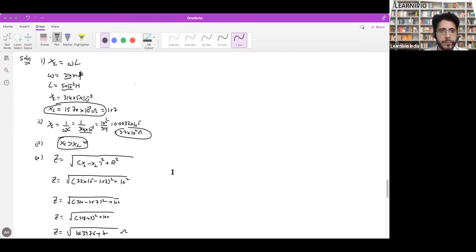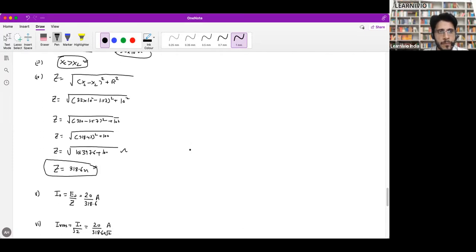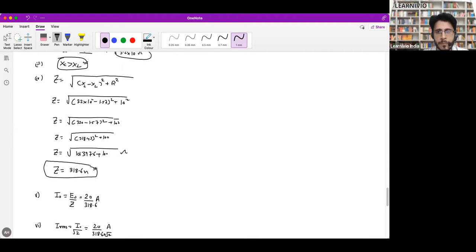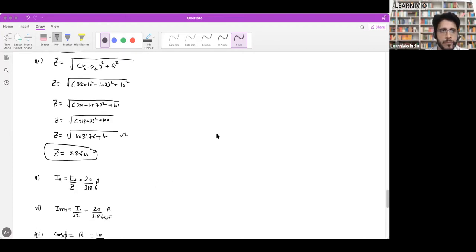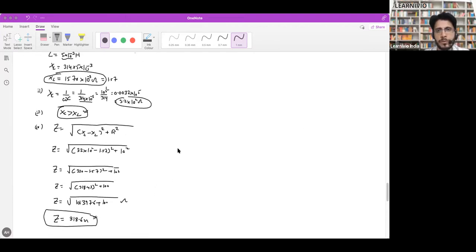So this question is given in NCERT. Okay, just do it first. Any doubt in this question?